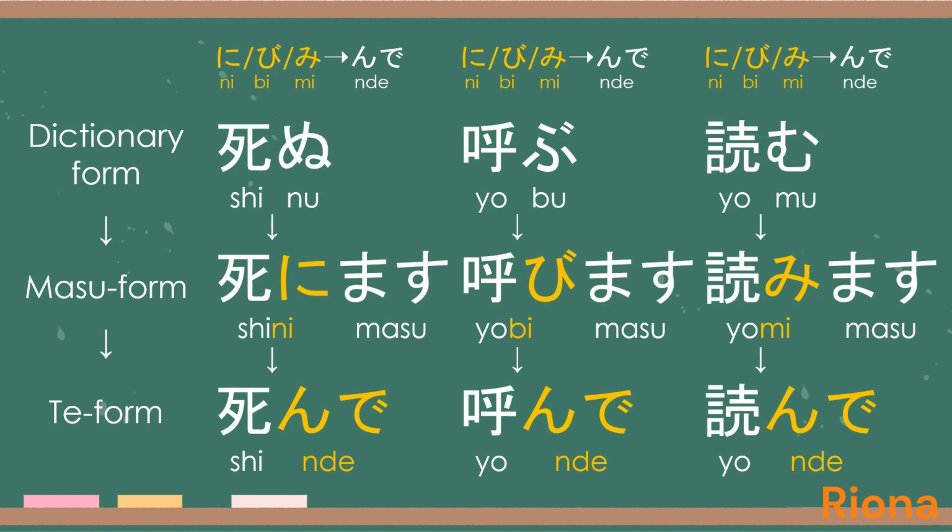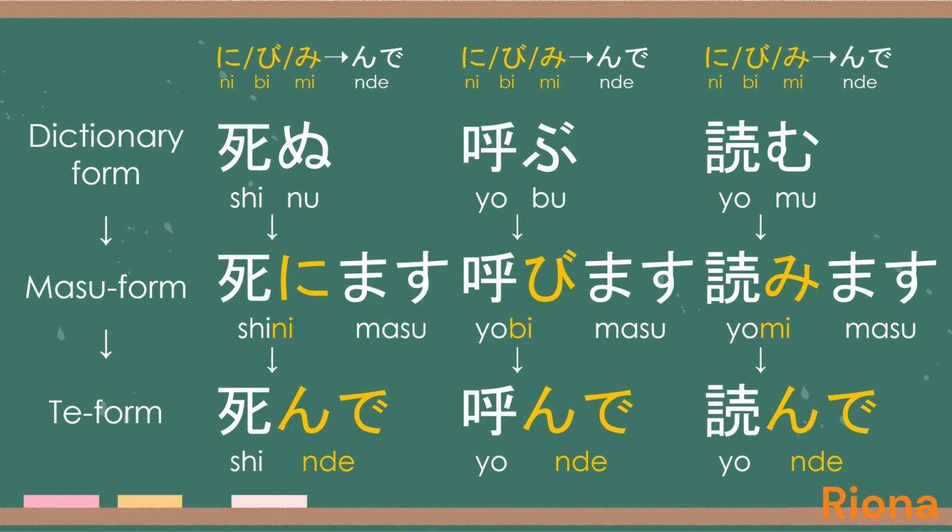In the case of 呼びます, which is the mas form of call, 呼ぶ, the character before mas is び. So, by changing this び to んで and removing mas, we can make it て form.